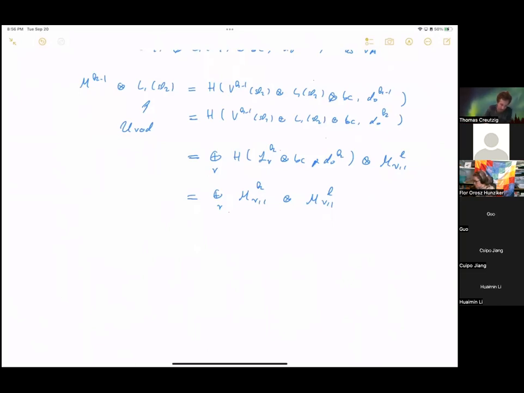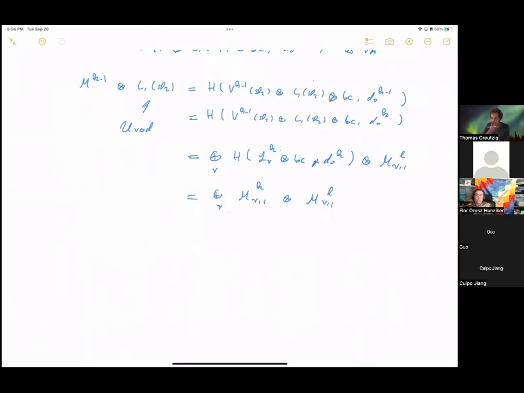And that was the AGT conjecture translated into mathematics and proven by a really nice, important paper by Schiffmann and Vasserot maybe 10 years ago.